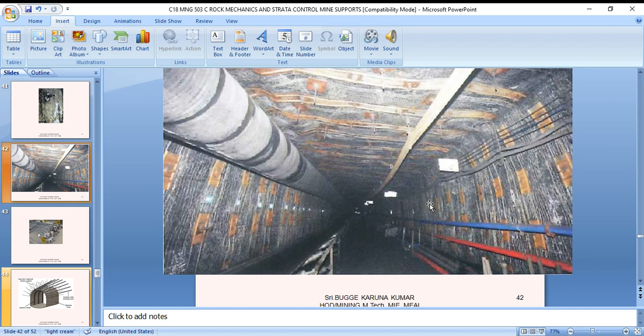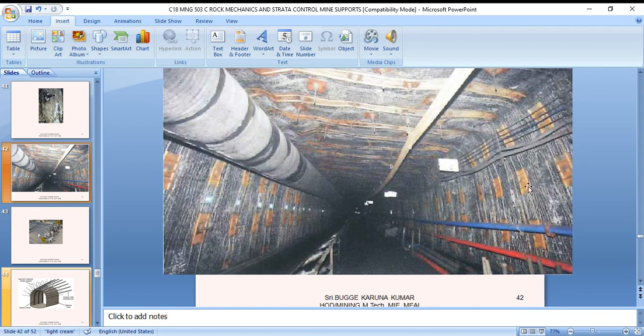So these are the double strap systems. The maneuvering of the duct is provided in one corner and the belt conveyor is going on. So the roof is completely roof bolted and supported by double straps, including the sides also. So sides also have double straps erected.